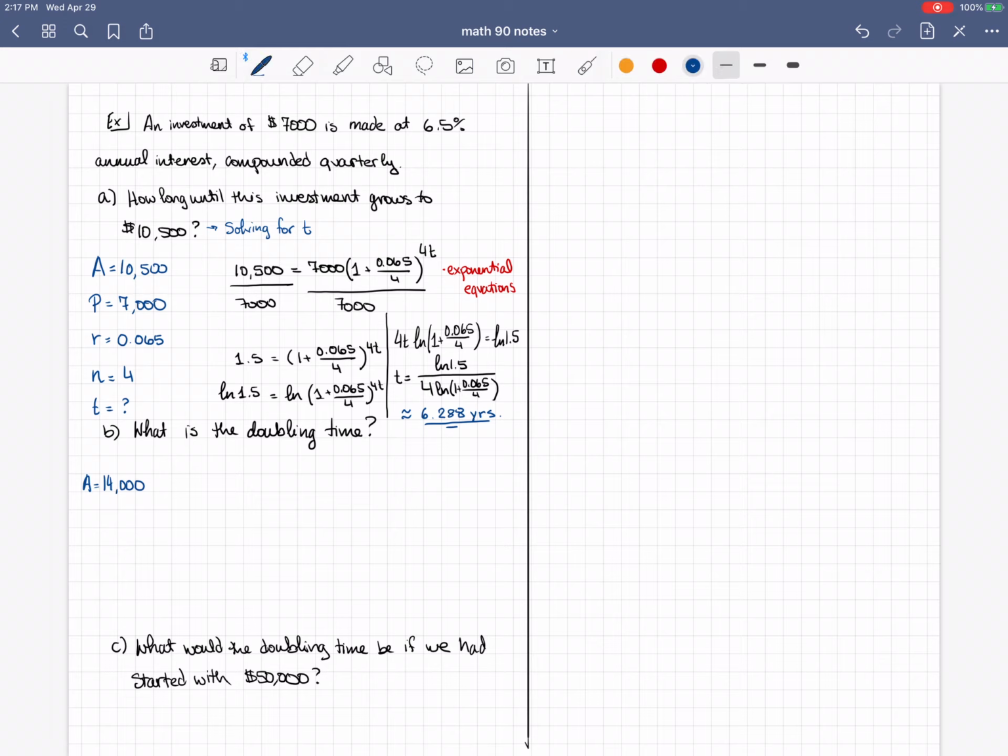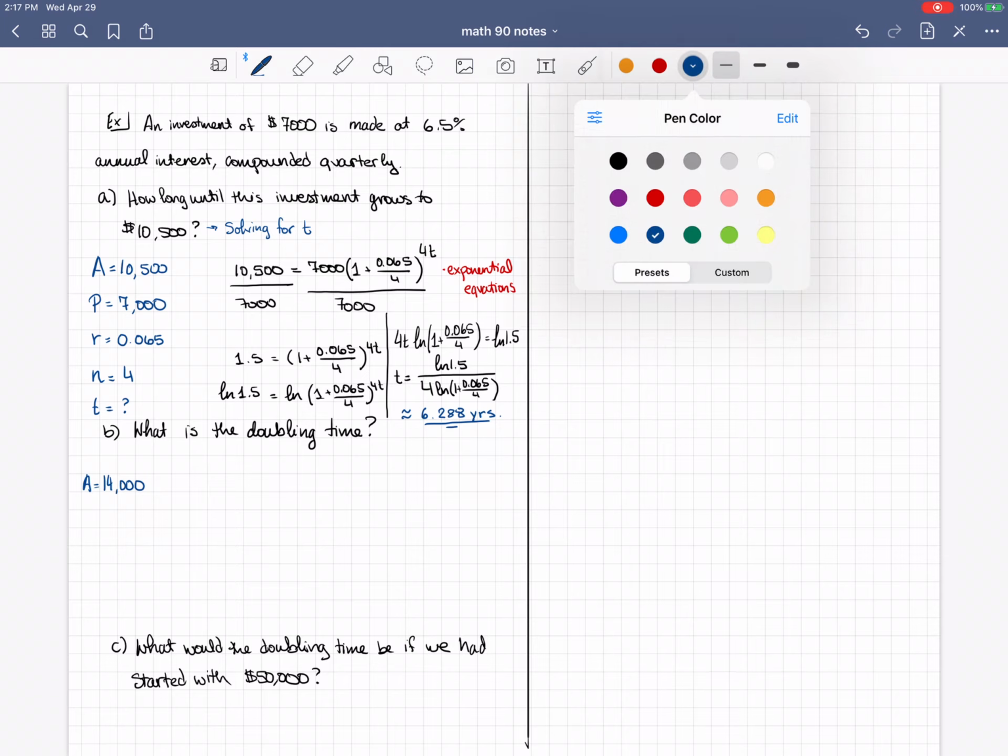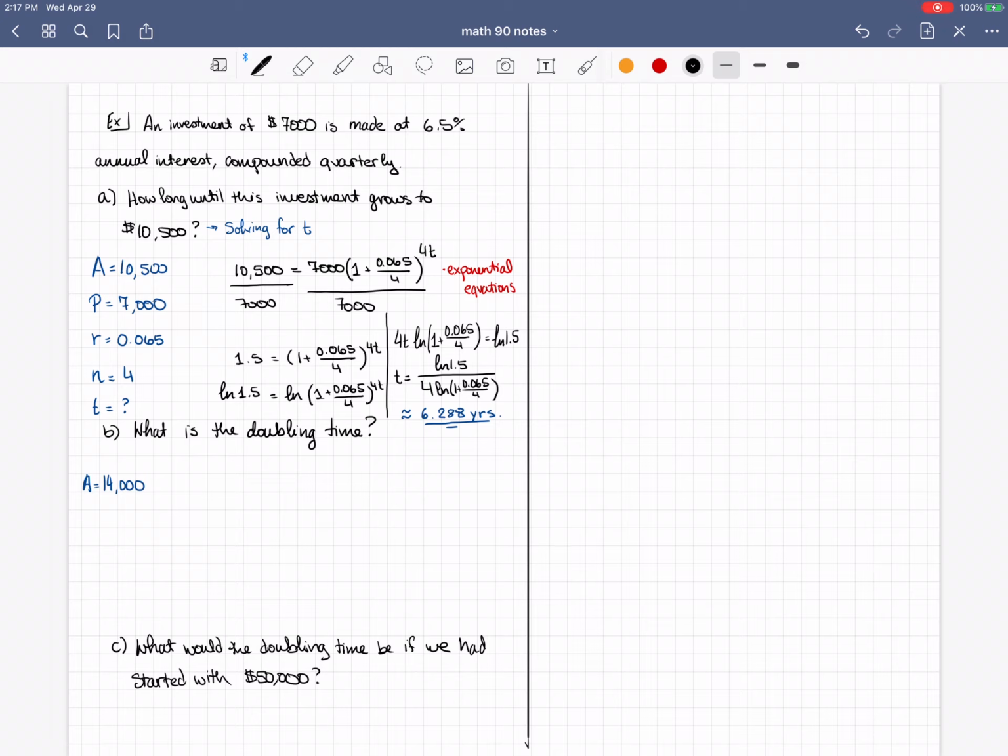Okay, so here goes. From a solving perspective, it's exactly the same. So we have 14,000. We want that to be equal to 7,000 times 1 plus 0.065 over 4 to the power of 4t.